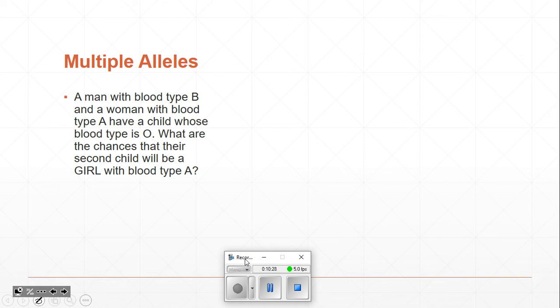Now, yesterday, we took a look at questions that were sex-linked, that were on the X or on the Y chromosome. Blood type is not attached to the X or Y chromosome, so we have to consider both things. And I want to show you something that you can do that might make your life easier.